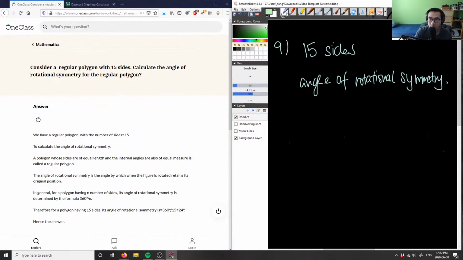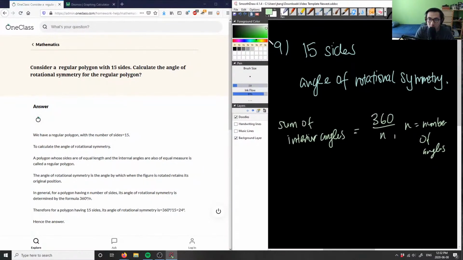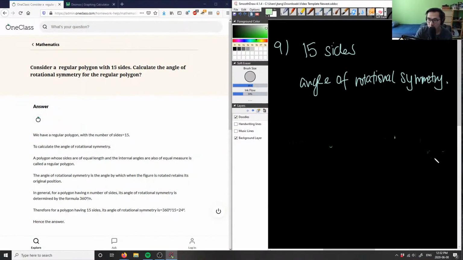I mixed that up, my bad. The sum of interior angles is n minus 2 times 180. So that's a different formula here. But what they're asking here is the angle of rotational symmetry. So I actually messed that up.